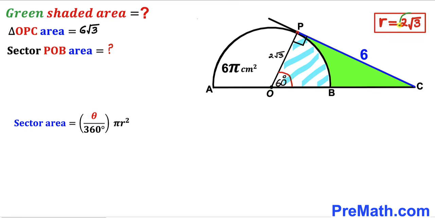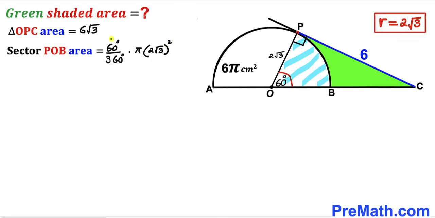And the radius is 2 times square root of 3. So therefore this sector POB area is going to be 60 degrees divided by 360 degrees times pi times our r value is 2 times square root of 3 whole square.